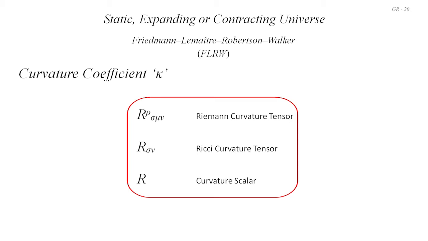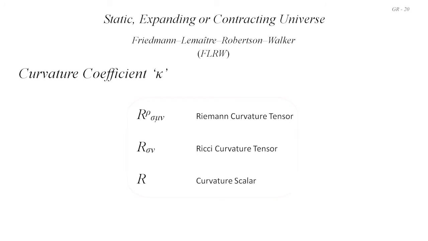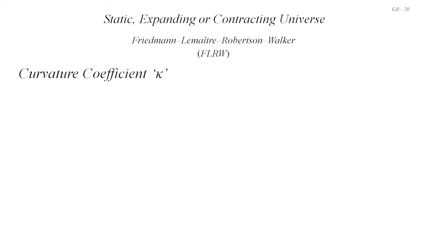Each of these three R's is considered to measure some aspect of the curvature of an event in space-time, but the curvature kappa here is a measure simply of the curvature of space rather than space-time, and is itself a straightforward scalar, just a number. In fact, we will consider it to have only three possible values, +1, 0, and -1.